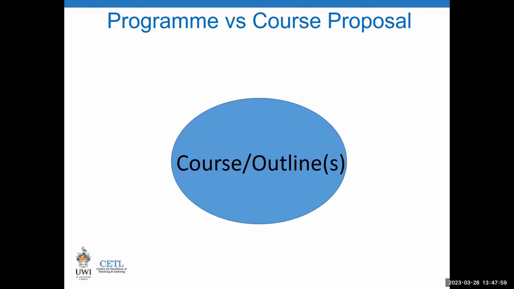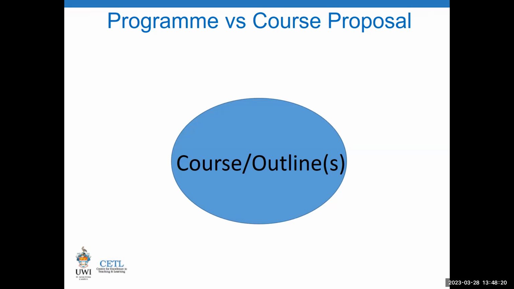I did distinguish between the two: a course proposal versus a program proposal. Remember, we said that a program proposal is an overarching program of study, whereas the program comprises multiple courses.